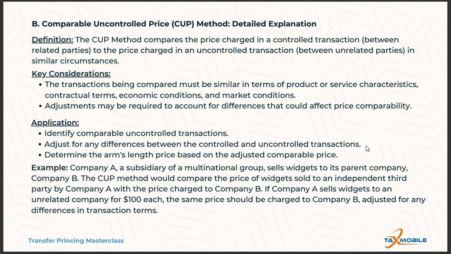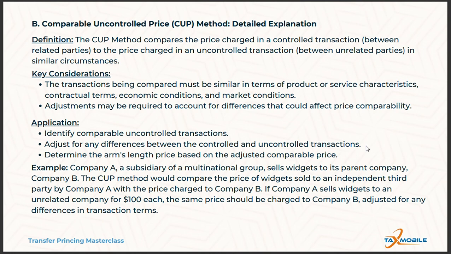The comparable uncontrolled price method compares the price charged in a controlled transaction to the price charged in comparable uncontrolled transactions between unrelated parties under similar circumstances. Now, let's look at key considerations. The transactions being compared must be similar in terms of product or service characteristics, contractual terms, economic conditions, and market conditions.